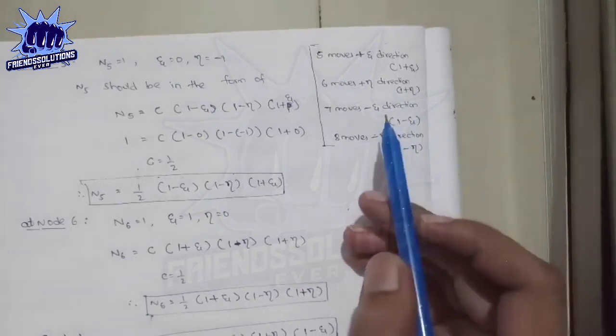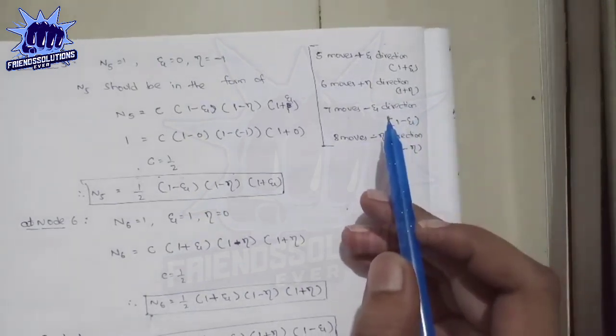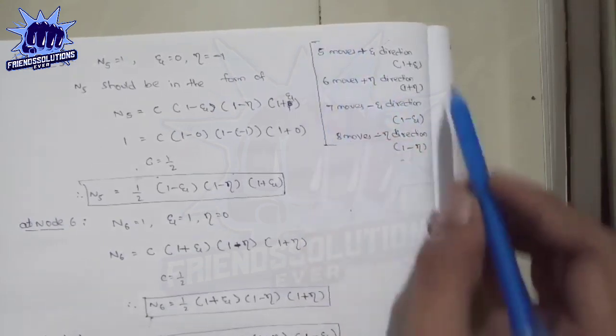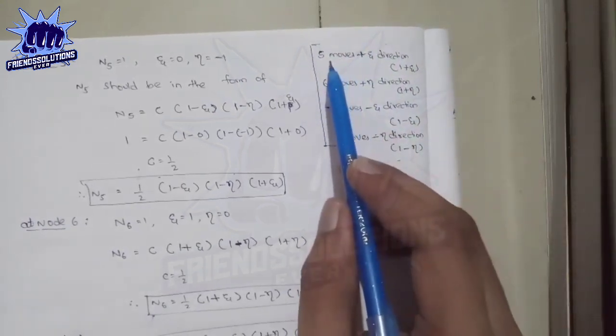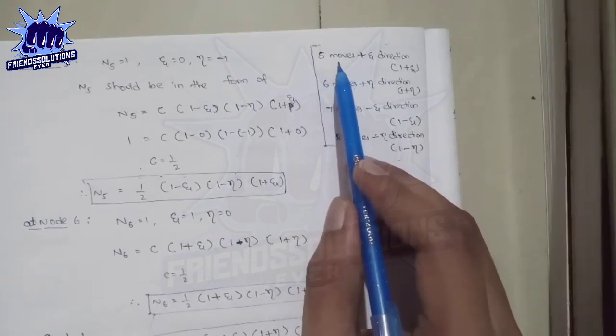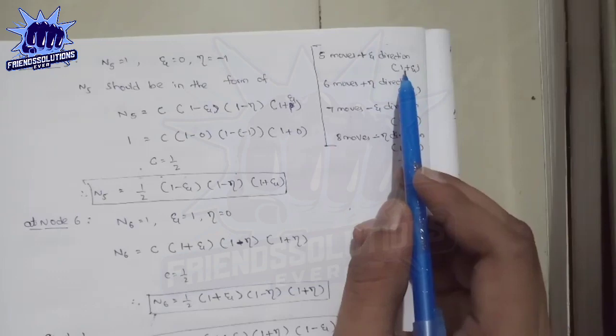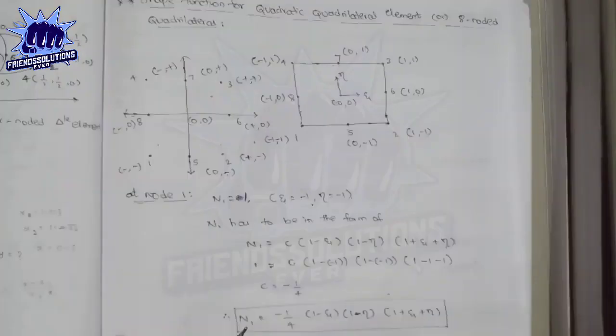Before finding the shape functions at nodes 5, 6, 7 and 8, we have to remember these formulas. For node 5, it moves in the positive xi direction, so 1 plus xi. How does it come?